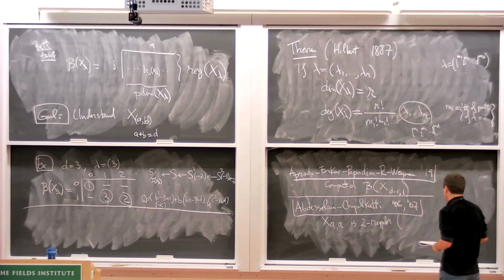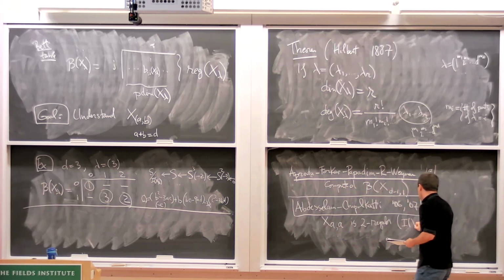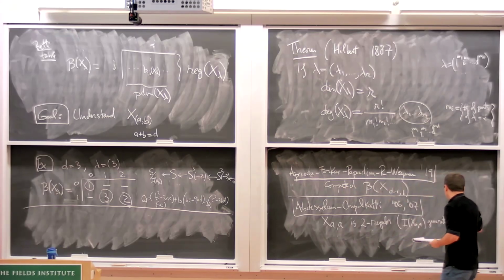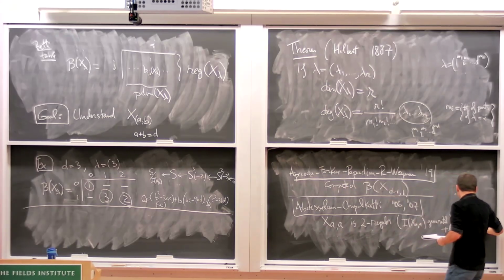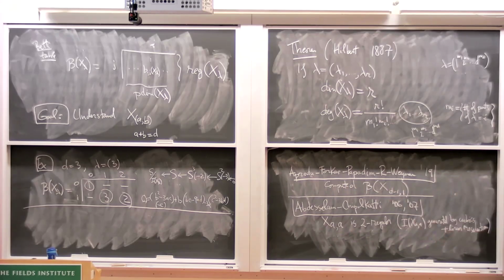More precisely, the ideal is generated by cubics, and there's a linear resolution. So something like this. It's not an Eagon-Northcott complex, but it's something like that.